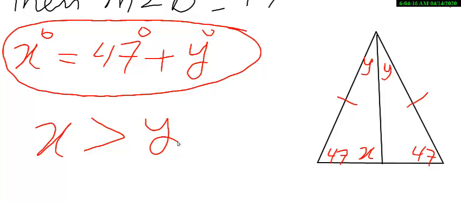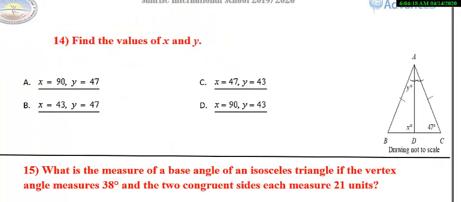If we get back to the multiple choices, A, B, C, and D, you have to make sure that the value you choose has x greater than y. Number A, x is greater than y. Number B, y is less than x is less than y, so this is wrong.